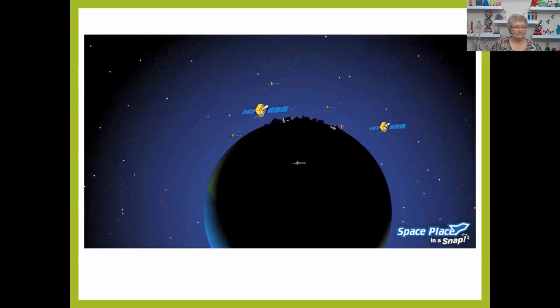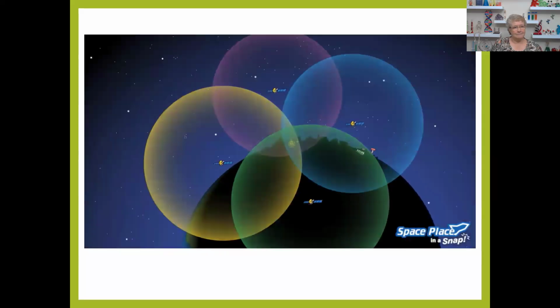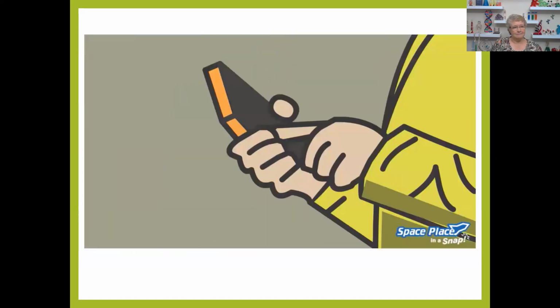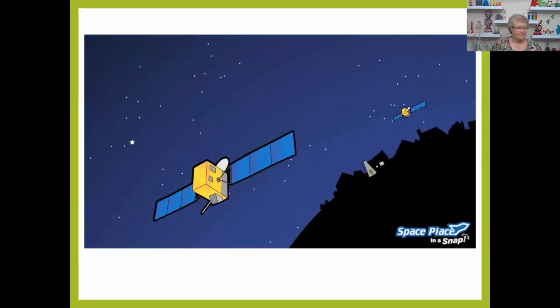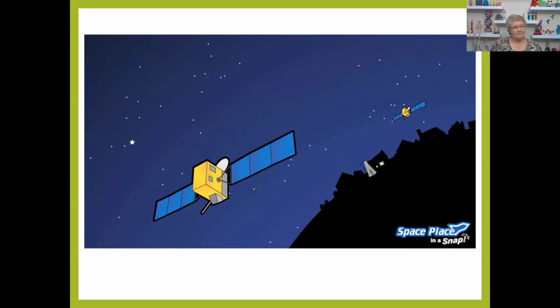If your phone knows how far away it is from 4 satellites, then there is only one place on Earth you can be. Your phone, or any device with a GPS, is programmed to know where all the satellites are at any given time. The phone uses that information, along with the amount of time the signal took to reach it, to figure out how far away the satellites are. By doing that, it computes its location.